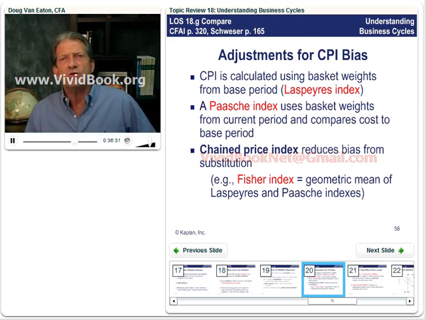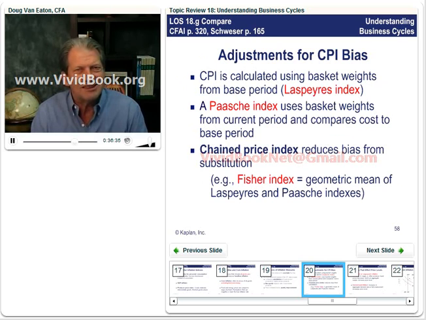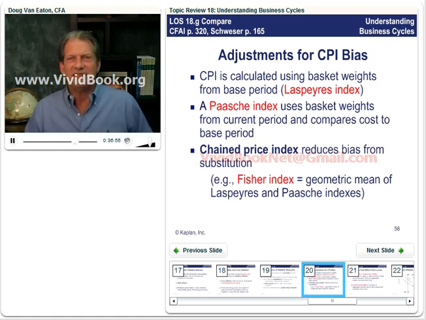So how are we going to adjust for this? Now, this is a point where I say don't let this stuff overwhelm you, and don't drill down. Don't get very complicated with this. The CPI, the way we've described doing it with a fixed basket of goods, is called a Laspeyres index. A Paasche index is different. How is it different?